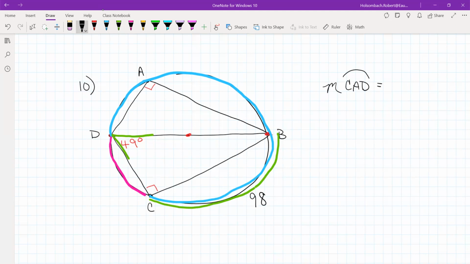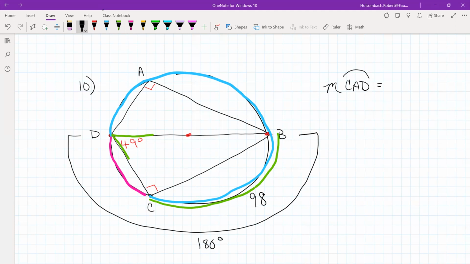Now, since these were both right angles, that told us that DB was a diameter. And if DB is a diameter, then isn't this measure right here 180 degrees? So if we take 180 and we subtract 98, it gives us the purple arc, which is 82 degrees.